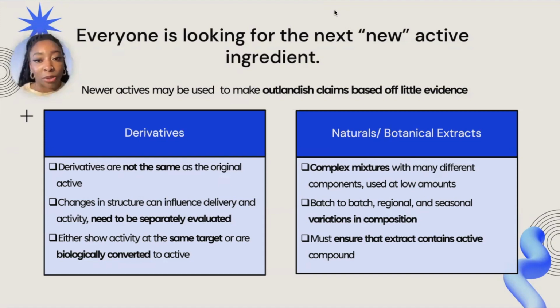But like all naturals, because they are natural products, they are subject to regional, seasonal, and batch to batch variations in their composition. Because they are complex mixtures of many different chemicals, they can cause irritation and sensitivity, and they're typically used in pretty low amounts. So you need to keep that in mind when we're thinking about the end concentration of the active in your formula.